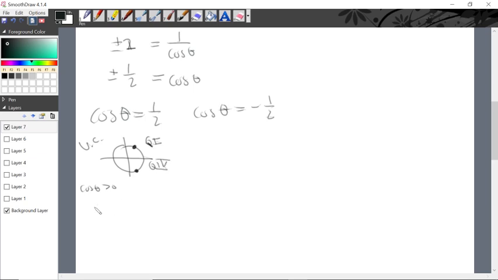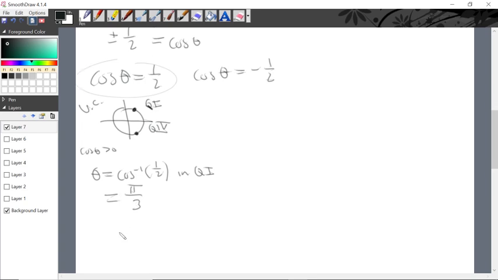We can find one of those solutions with the arc cosine. So we take the arc cosine of 1/2, and we would get the solution that is in quadrant 1. So this is the quadrant 1 solution right here. What is the arc cosine of 1/2? In other words, do we know what angle in radians has a cosine equal to 1/2? That would be pi over 3. So this equals pi over 3. So pi over 3 is a solution to this equation in quadrant 1.